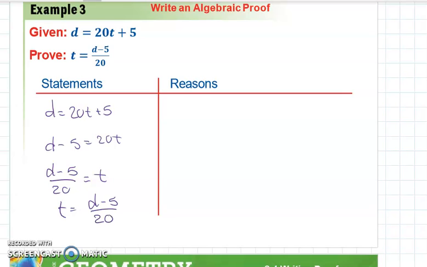So there has to be a reason why you switch the sides and make it symmetric. The first step, the reason was given. To go from step 1 to step 2, what we did is we subtracted 5 from both sides. The next one we did division property. And then the last thing we did is we flipped the sides, so this is symmetric.